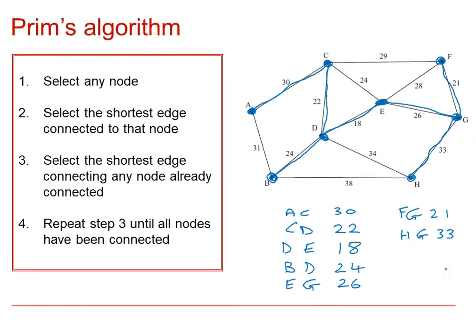And the total, the minimum spanning tree for this one is 174. The minimum spanning tree, 174 units. And you'll notice the solution doesn't have any repeated edges and definitely no cycles.